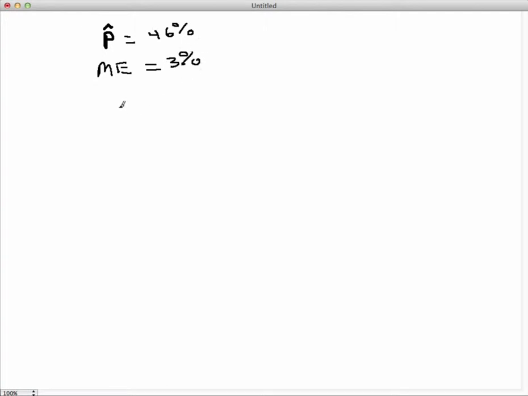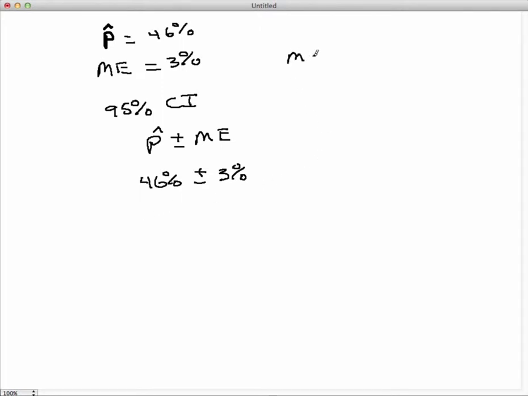So the 95% confidence interval they were stating is given by our p hat plus or minus our margin of error. That's how you would calculate the confidence interval. So that's going to be 46% plus or minus 3%. You now are part of the 10% of America that understands what that margin of error means, and where it actually came from.